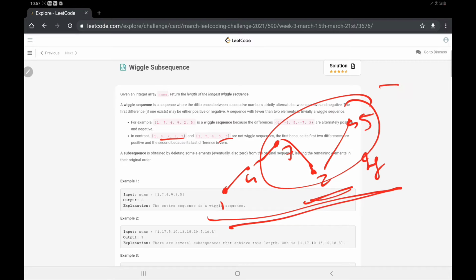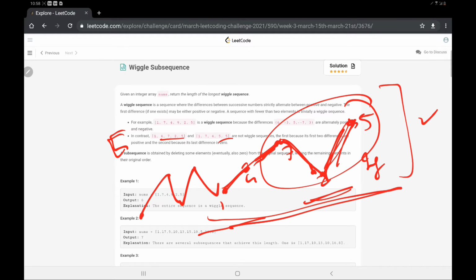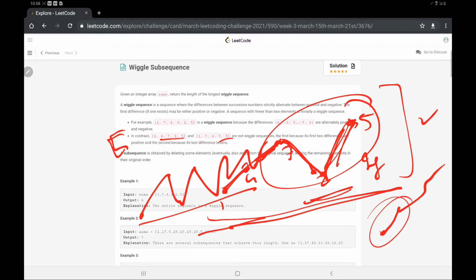And this is a wiggle sequence, 7 to 5, but the whole is not, because here it's increasing and then decreasing. So we have to keep in mind that it has to alternate, increasing, decreasing like that. And if it's continuously increasing, then we have to return the minimum, that is 2.